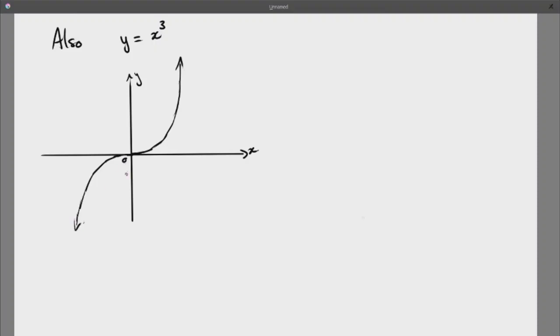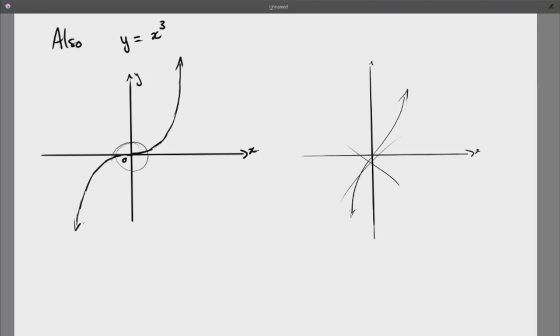So just make sure, many people, let me show you here, if I happen to ask this on a test, many people do this curve through the origin at an angle. That is not right. You need to be flat through there.